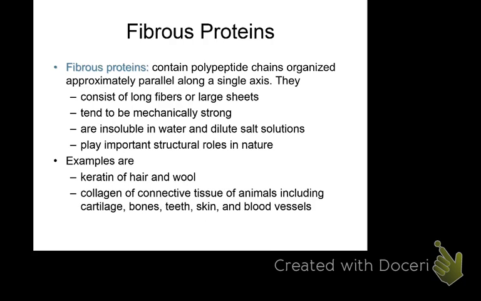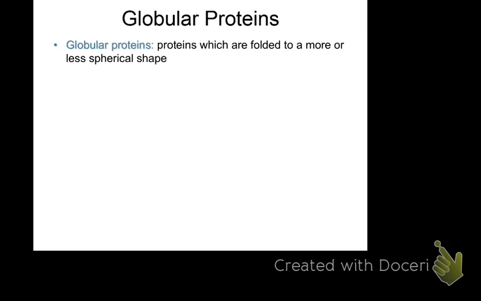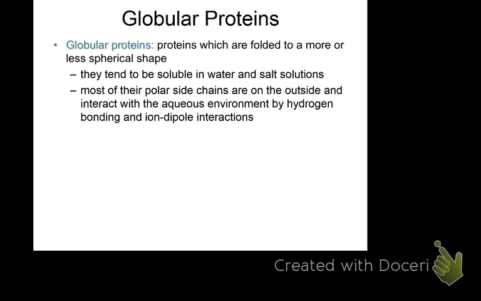Okay. And so we got keratin, collagen, things like that. The globular proteins are proteins that fold to a more or less spherical shape. They can be globby, for lack of a better word. And they usually are going to be soluble in water.